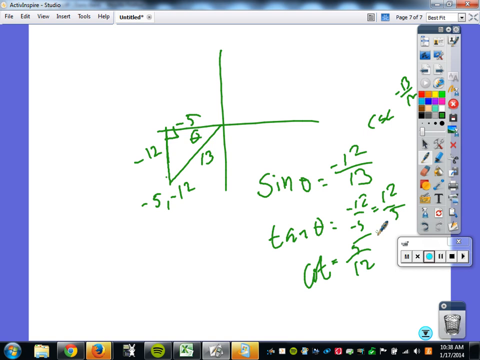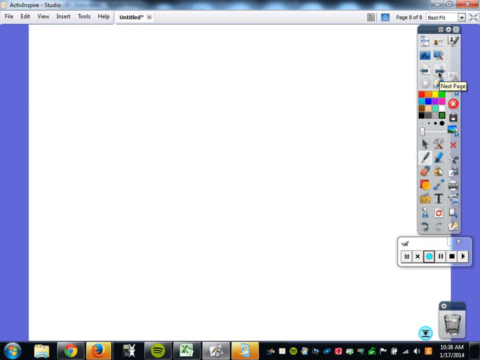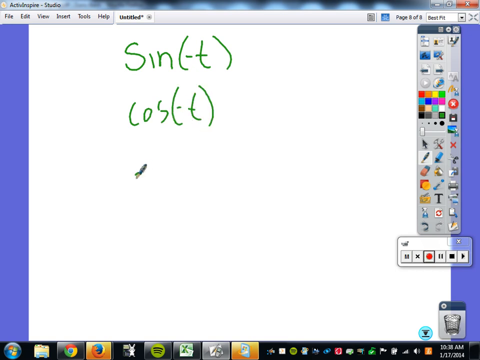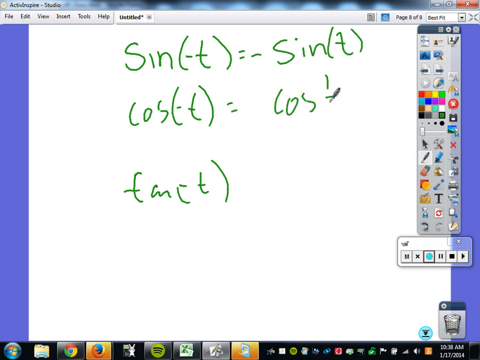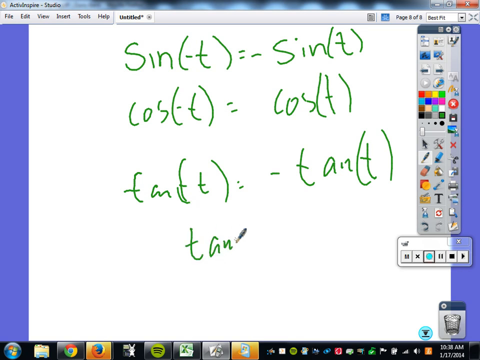Okay. There's one more theorem, and it says sine of negative t... negative 30.